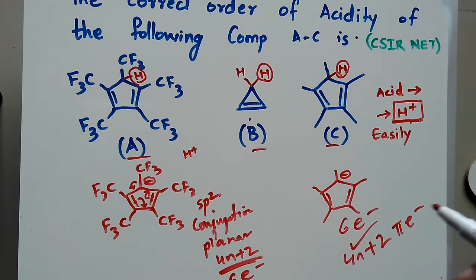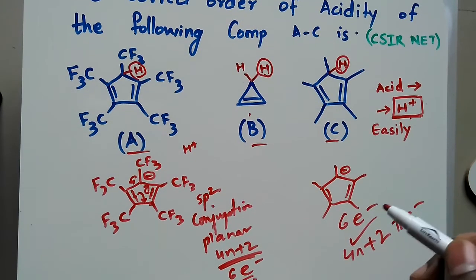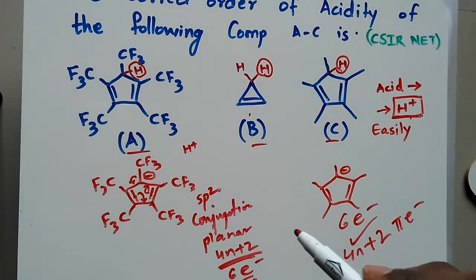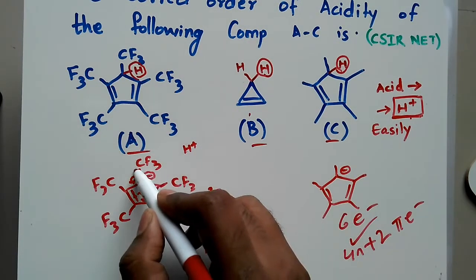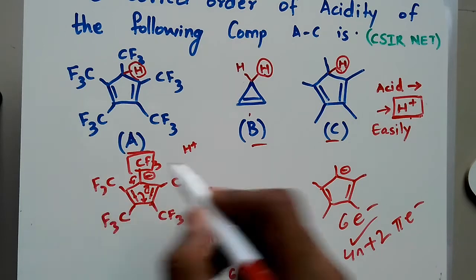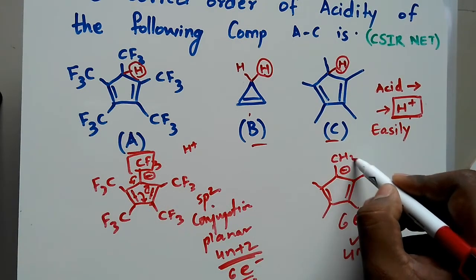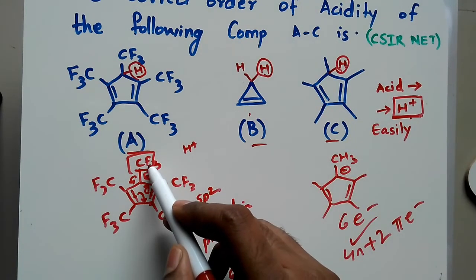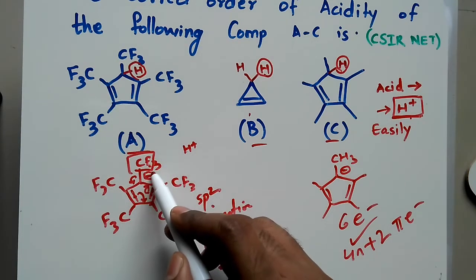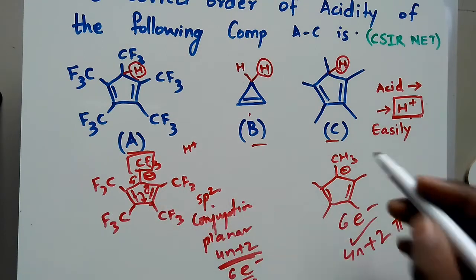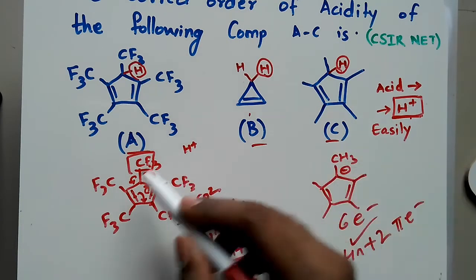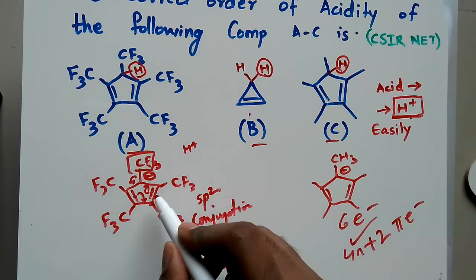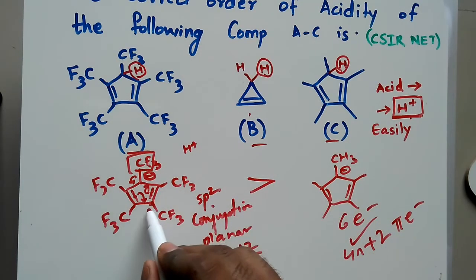Okay, the next part. There is a CF3 group here, and here there is a CH3 group. Now the CF3 group is a more electron withdrawing group, therefore it will stabilize this minus ion. Here there is CH3, which is less electronegative than the CF3 group, so this one will be more acidic.